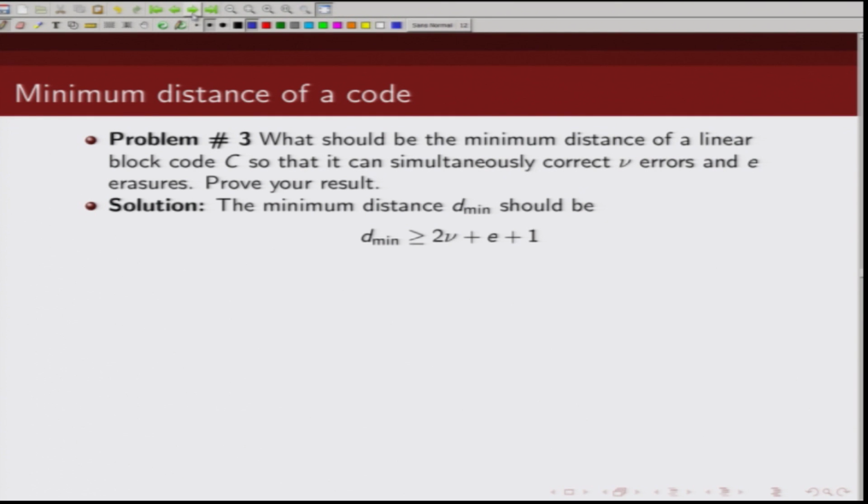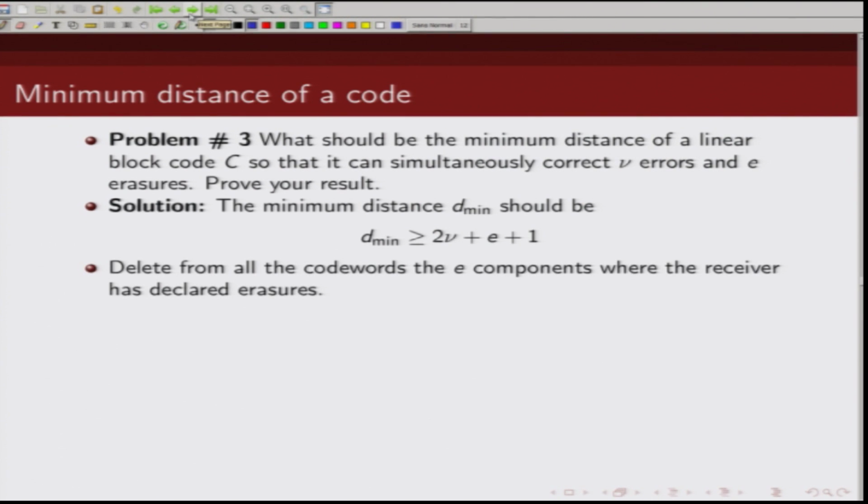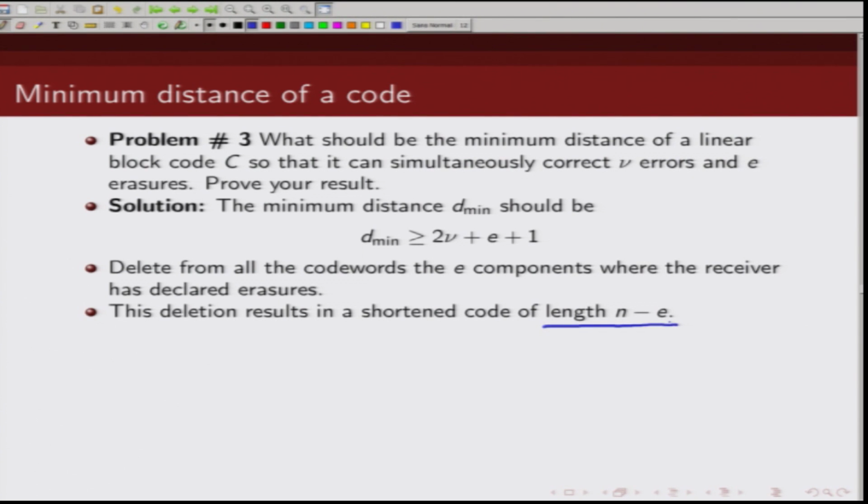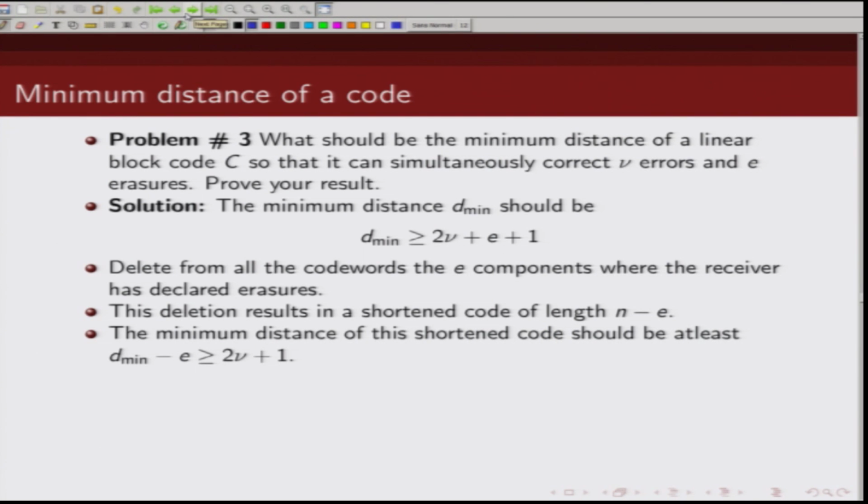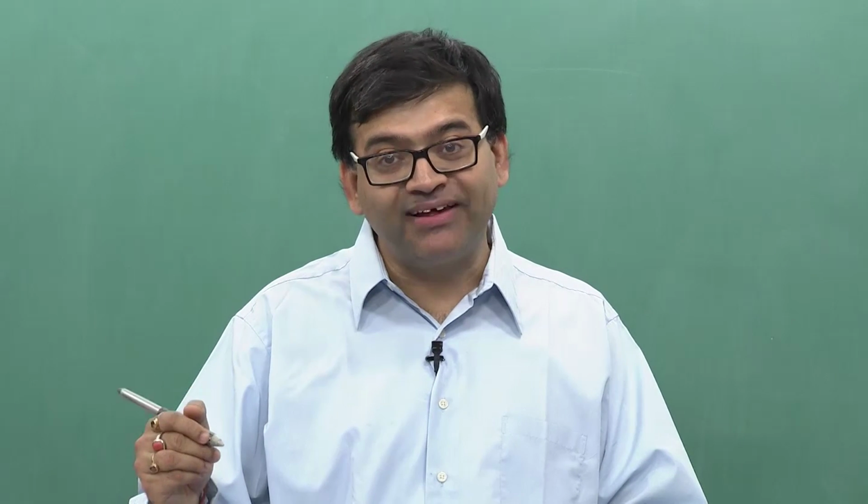We are going to next prove this result. So, delete from all code words the E components which got erased. If we delete these E components, what we are left with is a shortened code of length n minus E. Now, we know that if we want to correct t errors, the minimum distance of the code should be at least 2t plus 1.